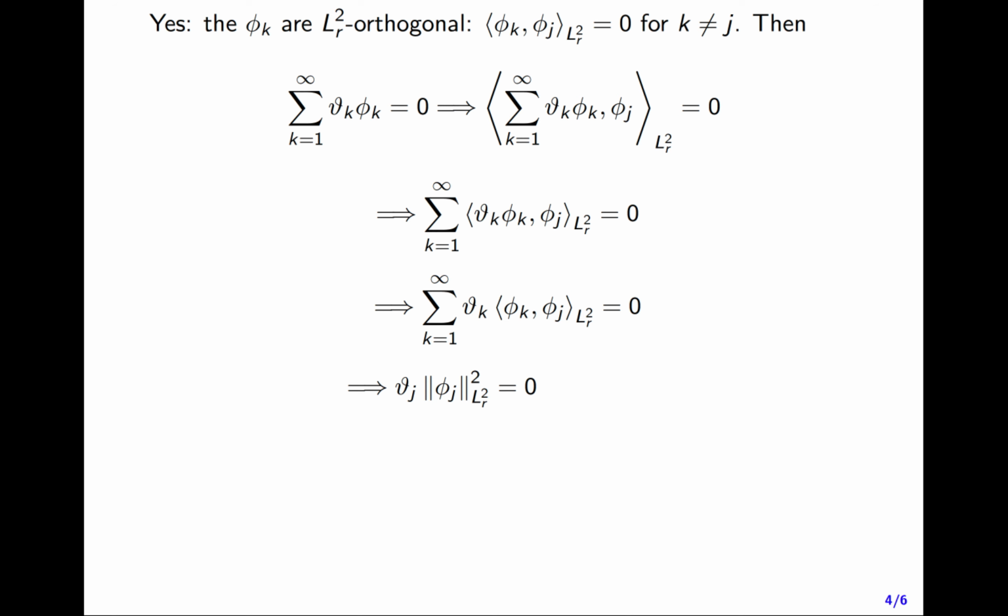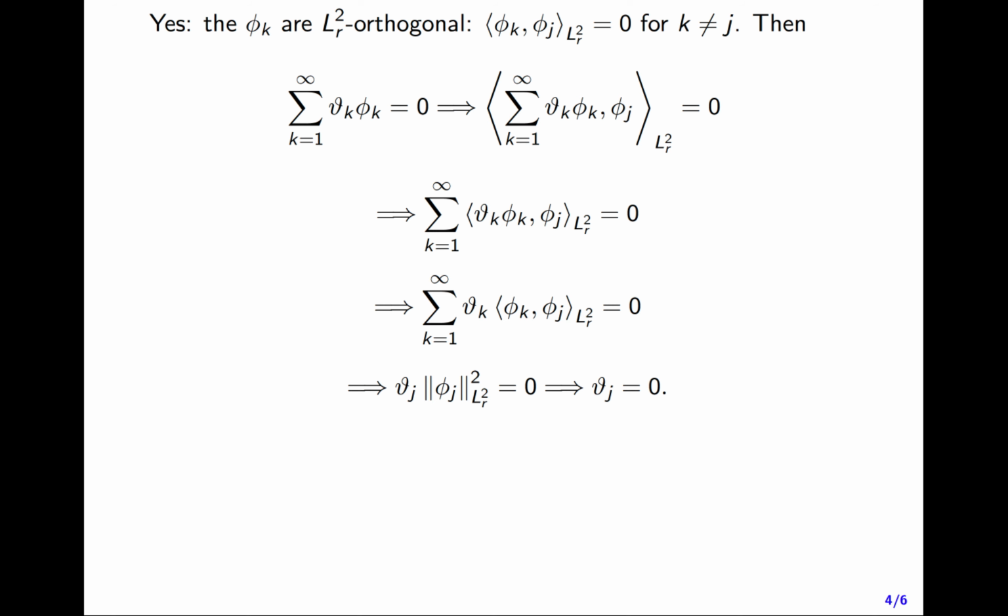So this tells me that theta j times the L2R norm of phi j squared is equal to 0. But phi j is a non-trivial function from what I've been assuming all along. So its L2R norm is not going to be 0.